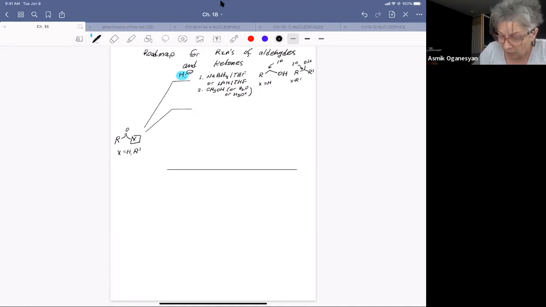Second is the carbon nucleophile. And so let's remember the reactions that we utilized here.